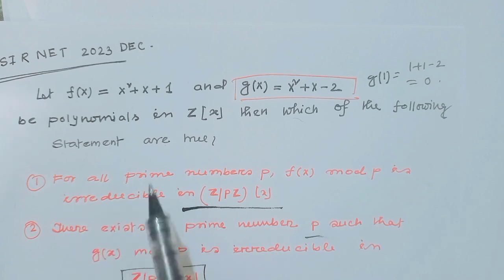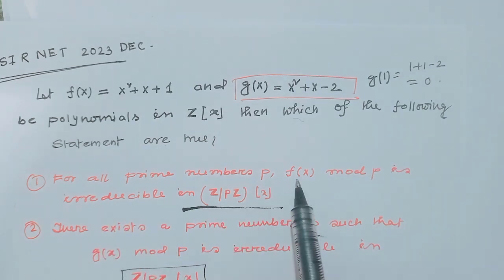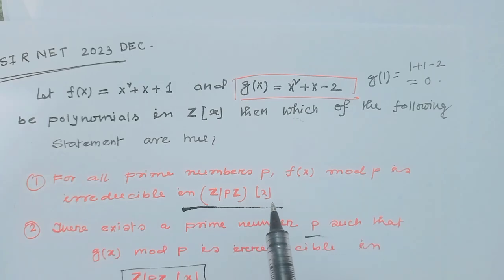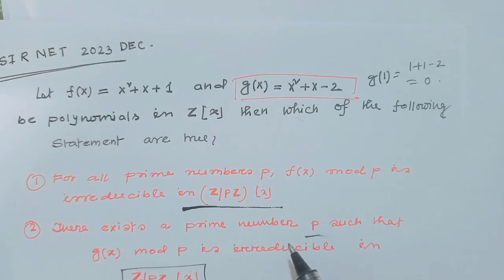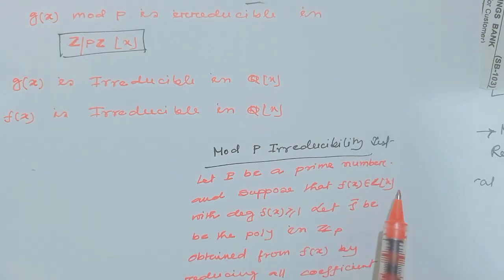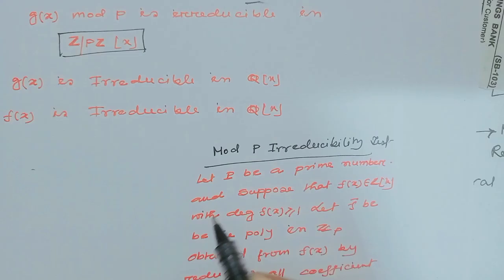Option 1: for all prime p, f(x) modulo p is irreducible in Z/pZ[x]. Here I will use the mod p irreducibility test: let p be a prime number, suppose that f(x) belongs to Z[x] and degree of f(x) is greater than or equal to 1.